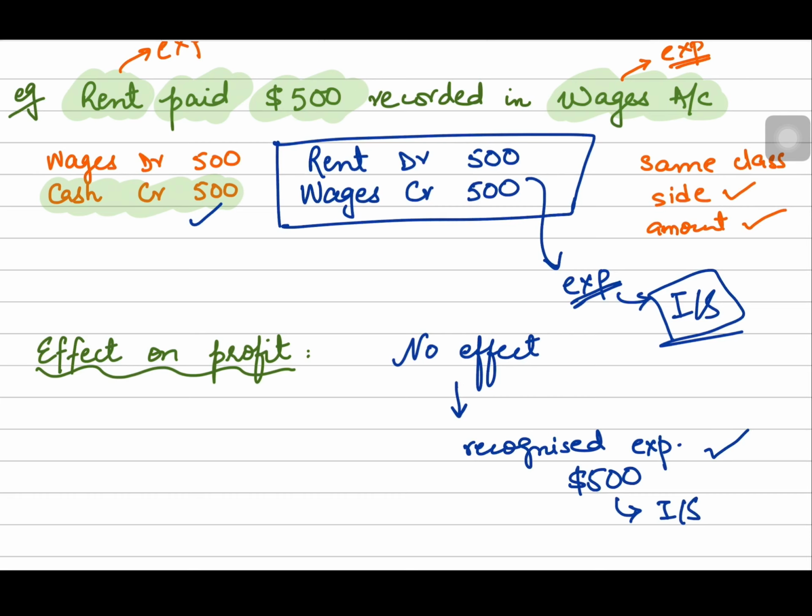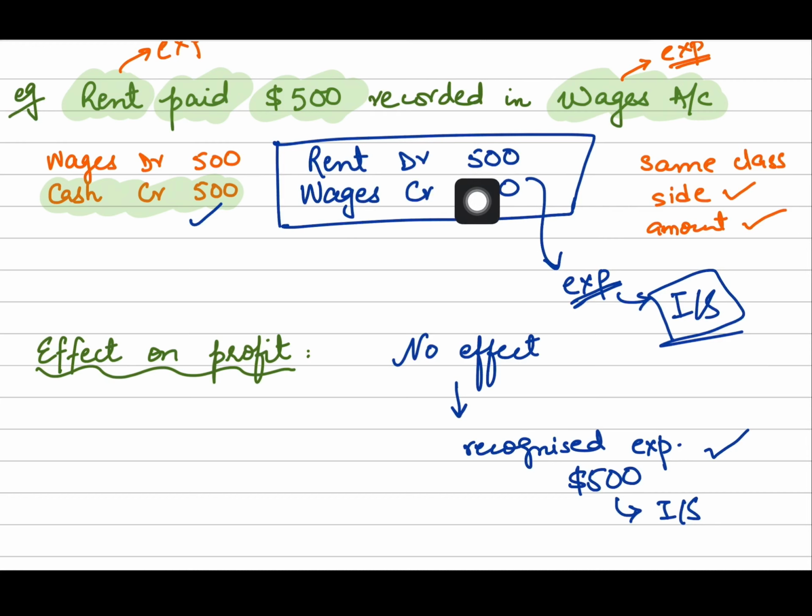So 500 expense has been recorded in the income statement, although in the wrong account, but in the same class of account, right? And now by making this correcting entry, you are just de-recognizing an expense, that is your wages, and again recognizing an expense with the same amount.